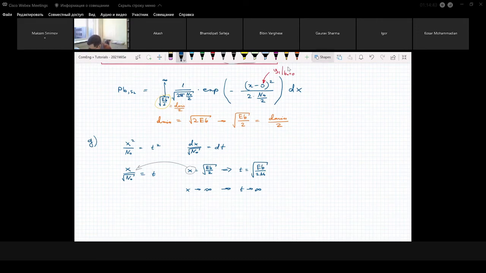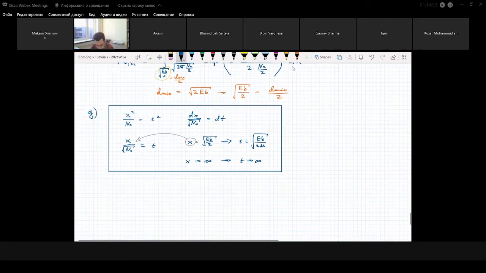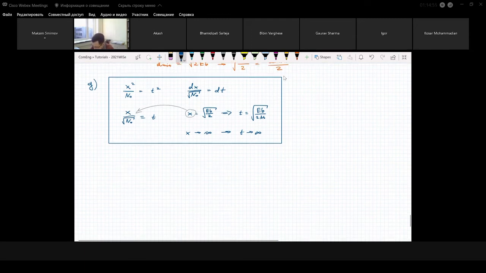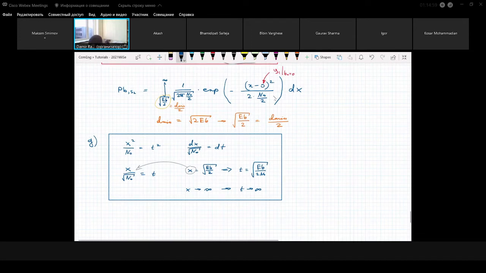So I need to do these replacements. Let me put a box around these expressions. And let's continue. Now we can modify our integral. I can just write equals and continue below. What do we have?